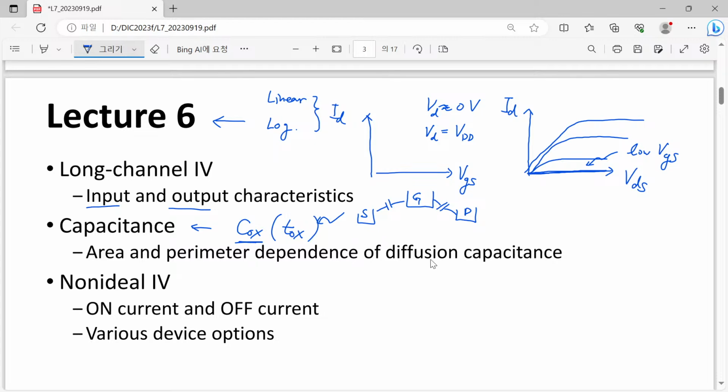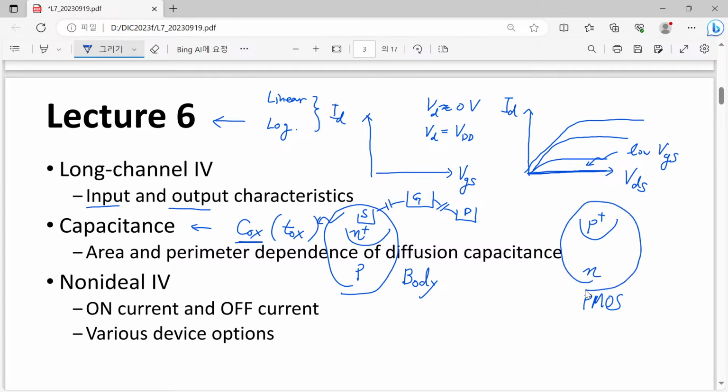And another one is here, we have body contact, and in planar MOSFET we usually have an N plus P junction in the case of NMOSFET, or sometimes a P plus N junction in the case of PMOSFET. Anyway, in every case we have the PN junction in its equilibrium or reverse bias case.